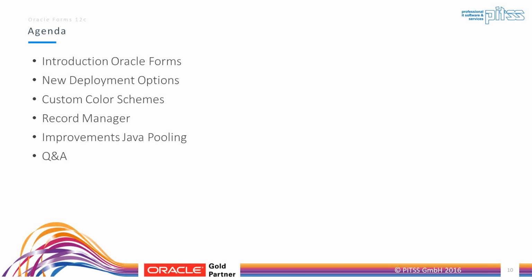Okay, but let's go to the topic of today. Get the best out of Oracle Forms 12c. Here are the points we will go through. I have a little agenda. At first, we will have a little introduction into Oracle Forms over the last couple of years. We will have a look at the new deployment options and the latest version.